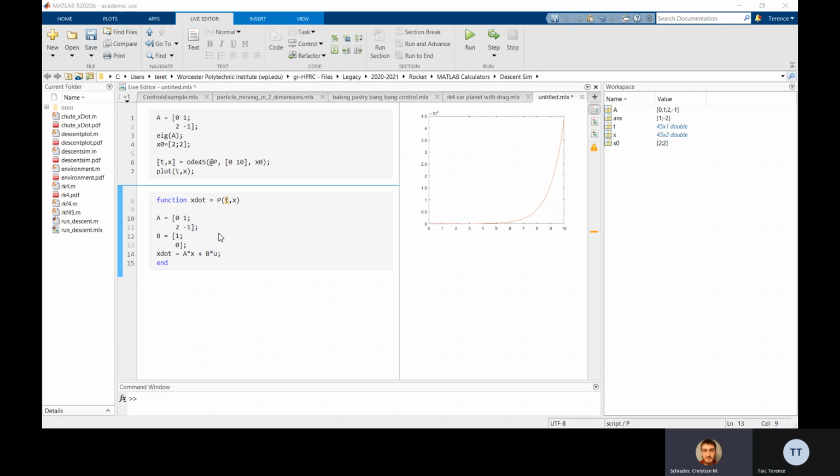And because we want it to go to the coordinates 0, 0, the origin, we just want it to be 0, because then x will tend to go to 0.